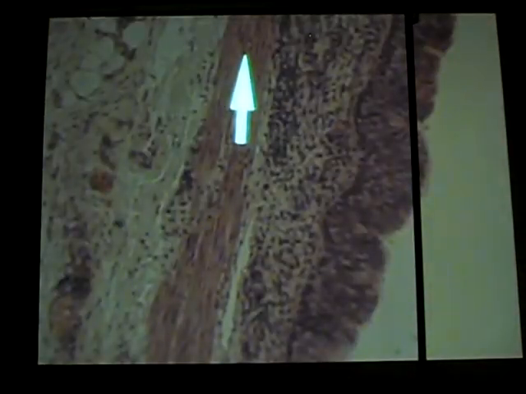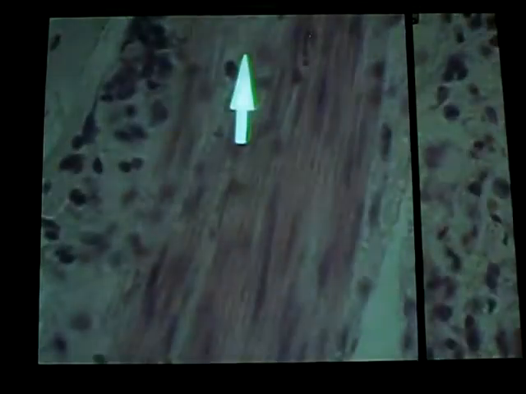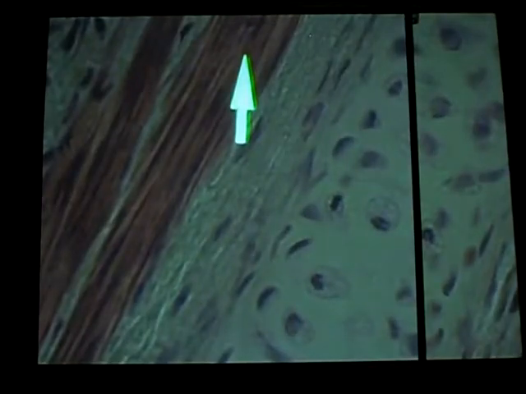So that's one of the main characteristics you're looking for. Once you see that large C-shaped ring of hyaline cartilage, we know that's our trachea, along with other characteristics. We have a little smooth muscle here that's present where the two ends meet. Then this is our cartilage here.